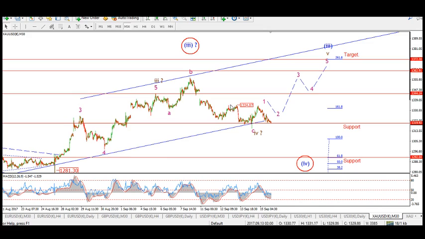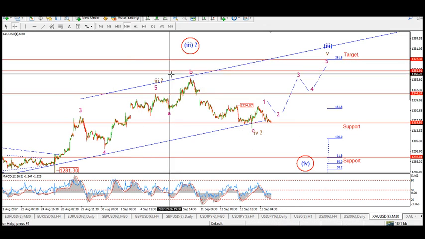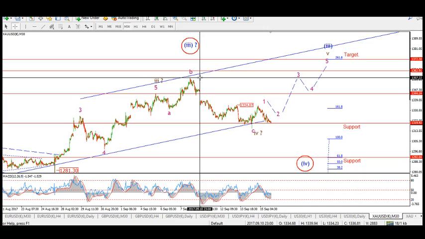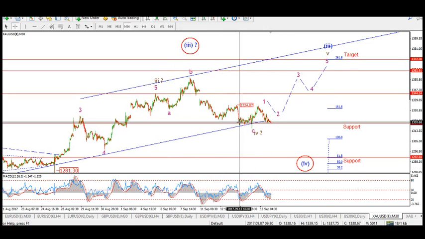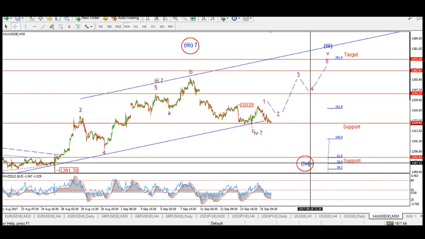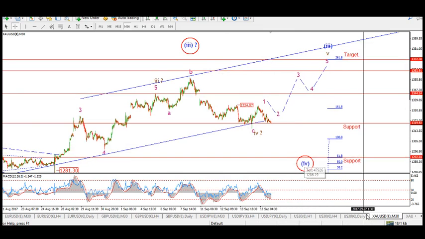So if it does break that 1319.92 level, then we'll be talking about this decline off the recent high at 1357, the decline off the recent high as a possible ABC pattern in a larger degree wave 4 blue.